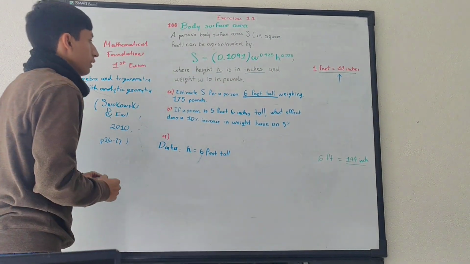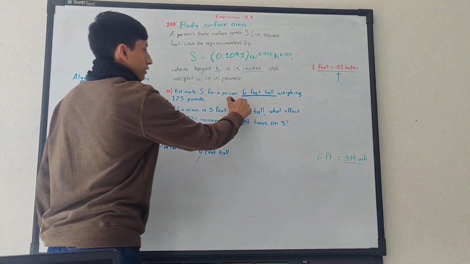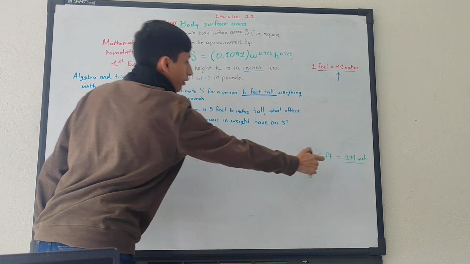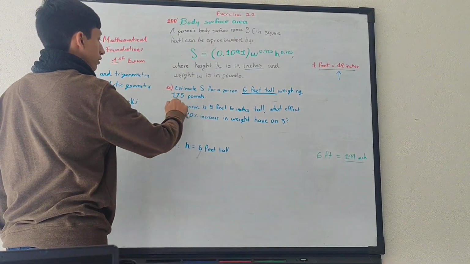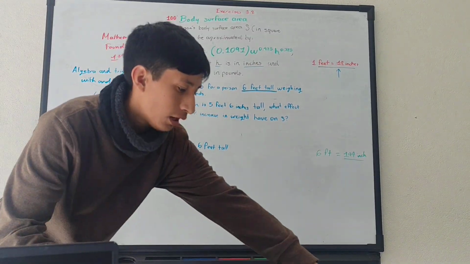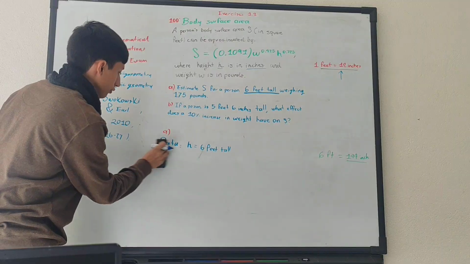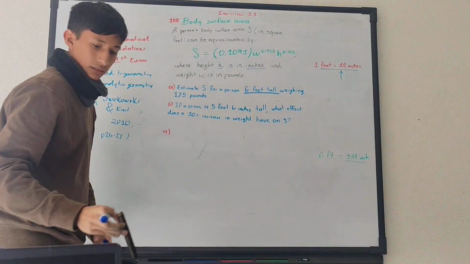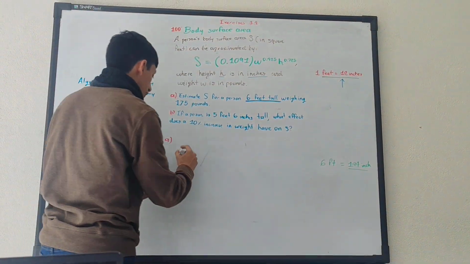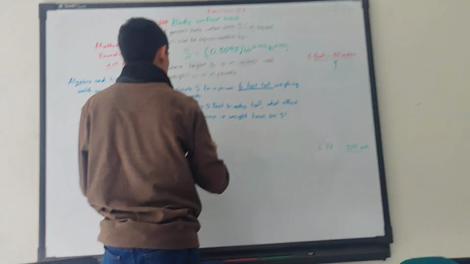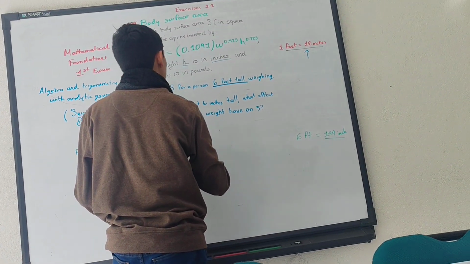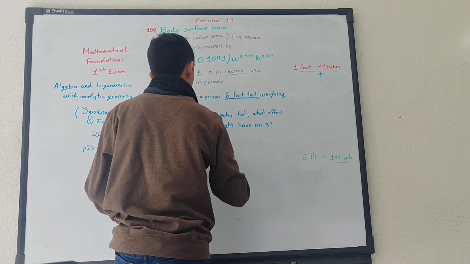So: estimate S for a person 6 feet tall, or 72 inches, weighing 175 pounds. I'm going to write the formula again, and this will be pretty fast.